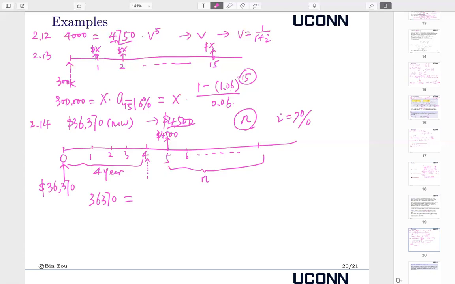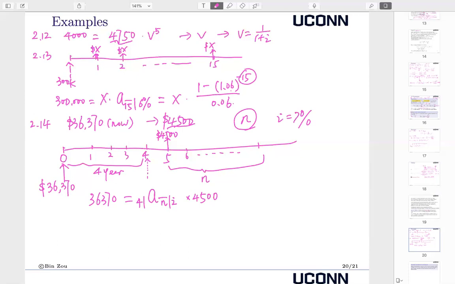So using the deferred annuity notation, I have deferred by 4 years. I have an annuity immediate for n years, and I have a payment which is 4,500. This is me using the deferred annuity notation.